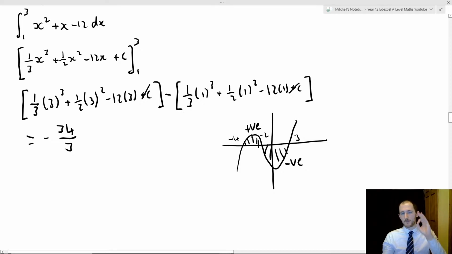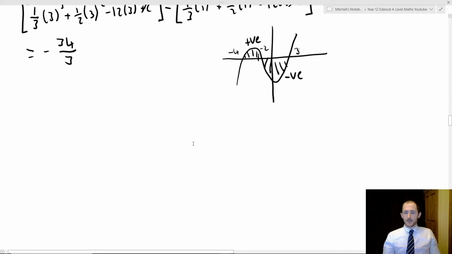You might get a 0, which obviously isn't right. So instead you'd have to integrate from -4 to -2, find that area, then -2 to 3, and add them together but as positive numbers. So that is something else you should keep in mind. If you have parts of your curve above and below the axes, if you want the total area, you need to do them in stages.